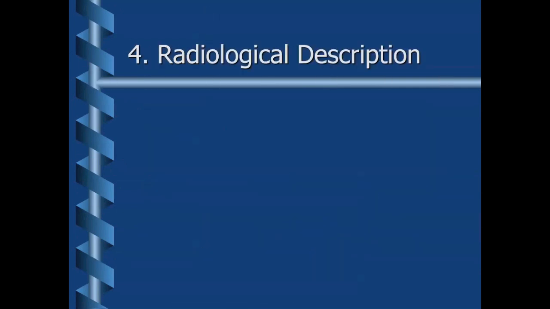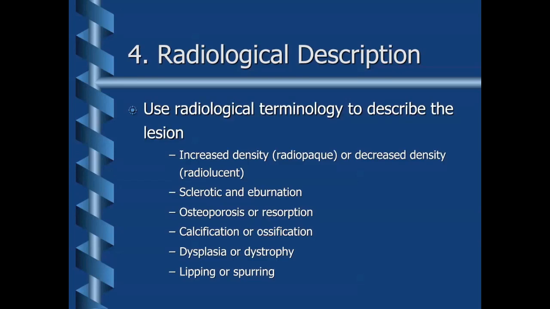The fourth point is radiological description, and those first 3 points are obviously fairly obvious. Now we're using some of our radiological describing terms. So we use the radiological terminology to describe the lesion, and this is terminology that you have either gone through before or you will go through in a more formal format, such as a lecture or workshop format.